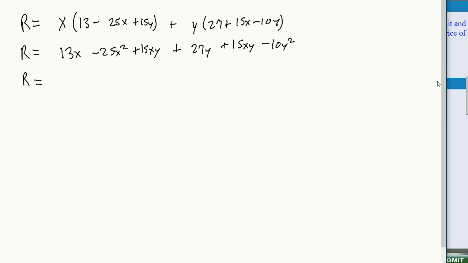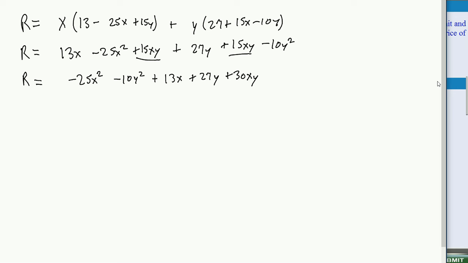Let's do our x squareds first. You have negative 25x squared. Then let's do our y squared. You have negative 10y squared. Let's do our x's, 13x, and our y's, 27y. And then your xy term. So you have actually two of those. 15 and 15 is going to be 30xy. Okay, so that's simplified.